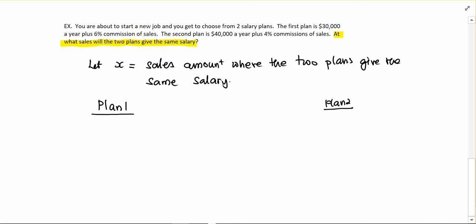How much will I earn? So if I make X sales on the first plan, I'm going to earn 30,000 a year, and I'm going to earn a 6% commission. So commission is taken on your sales, so I'm going to get 6% of X. According to the second plan, I'll earn 40,000 a year, and I'll earn 4% of sales. And the question is, when are these equal?